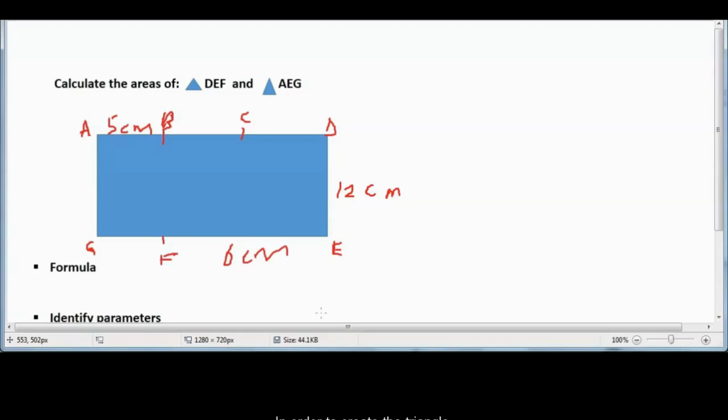So in order to create the triangle, we need to draw a diagonal or a line to connect D and F. This is D and this is F. So we need to draw a line from F to D. Voila, there you have it. Triangle DEF with two sides given, 6 cm and 12 cm.